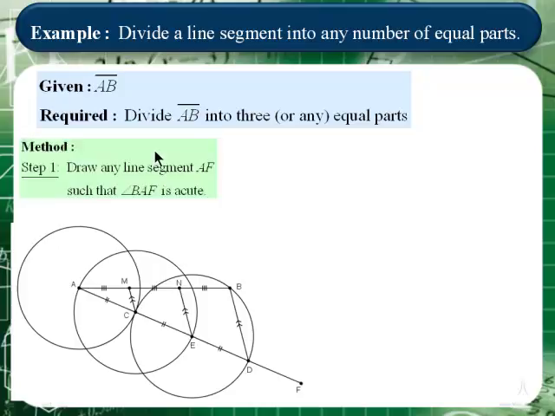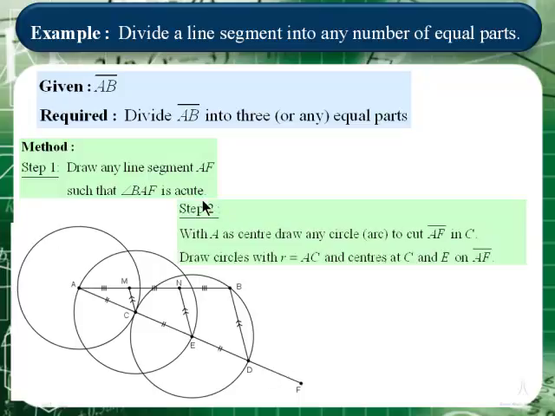So what do we do? Well, the first step is we draw any line segment AF, as long as the angle BAF is an acute angle. Then the second step, with A as a center, we draw any circle or arc, and we determine the point of intersection C, which lies on line segment AF. Then we continue with this process.